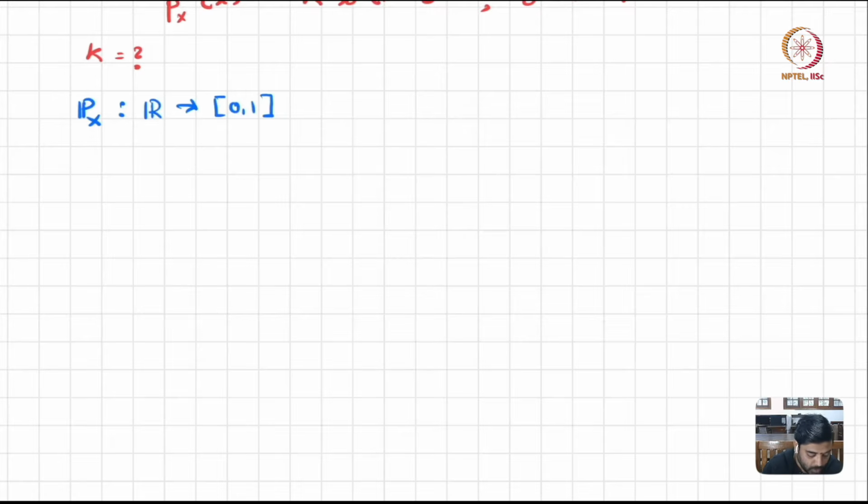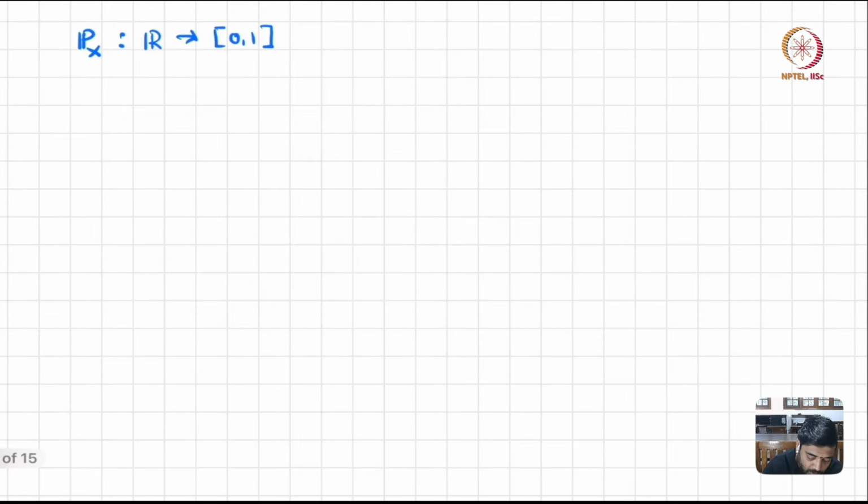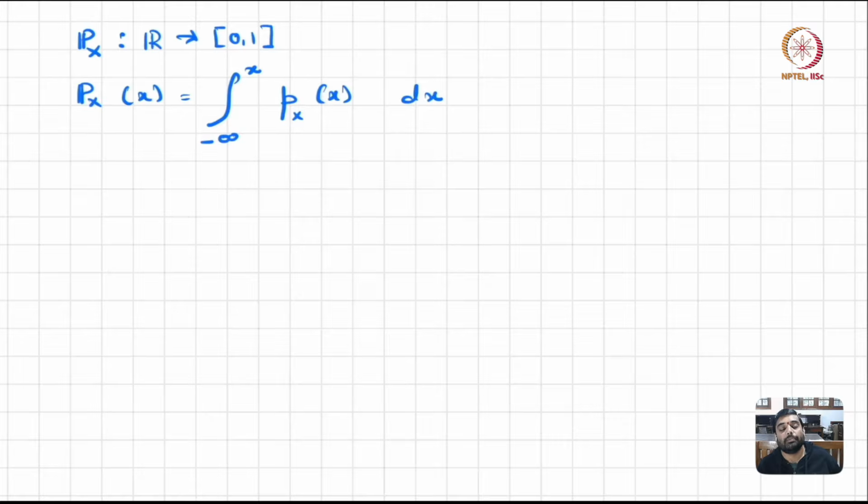You know the distribution function can be evaluated at a given point. How do you evaluate it? Minus infinity to x, the density function at that point, into dx. Correct?